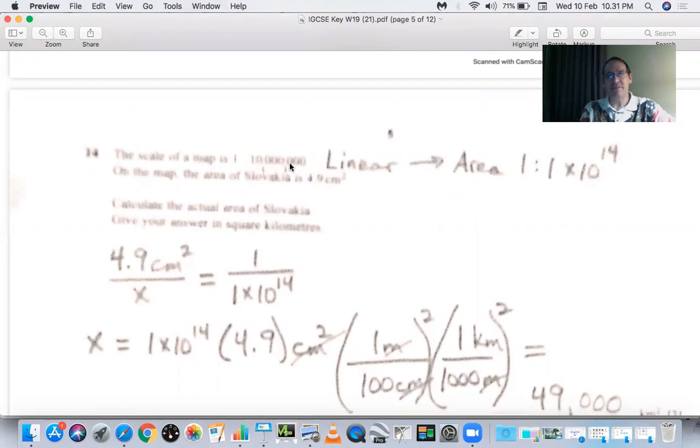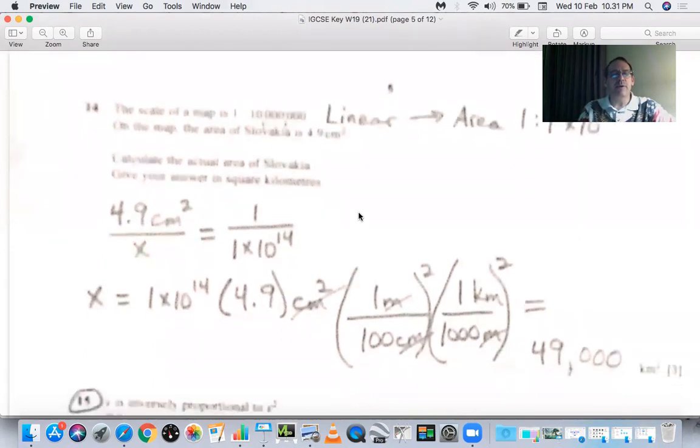I probably could have shown that a little better so you could follow it more easily, but it'd be 1 over 1 times 10 to the 7th, squared. So 1 squared is 1, and for 10 to the 7th, you just multiply the 7 by 2 and get 14. So this is our ratio for area.